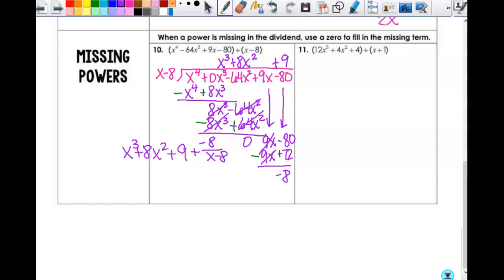Always add the remainder. You could put minus and then 8 over x minus 8. However, let's say instead of negative 8, it was negative x minus 8, and then you put that over x minus 8.